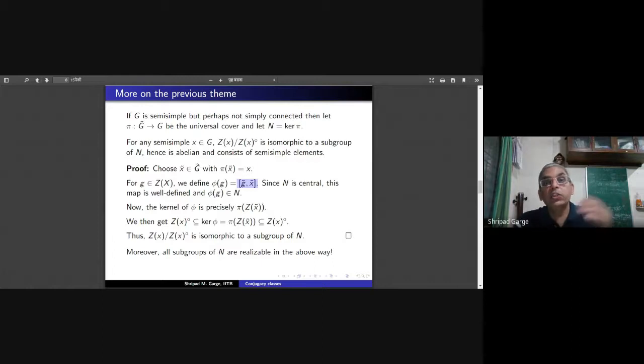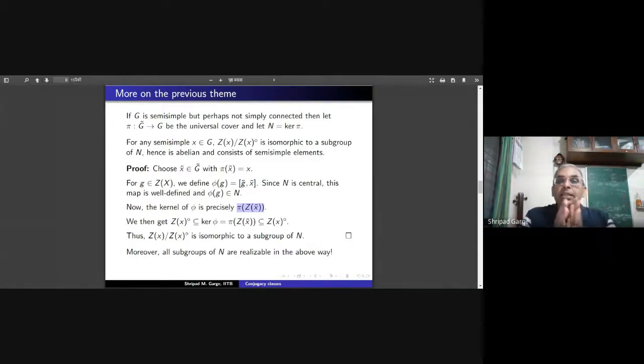So your g has to be the image of that g tilde. And so therefore, the kernel of phi is precisely the image of the centralizer of x tilde, because your g tilde has to be something which commutes with x tilde.